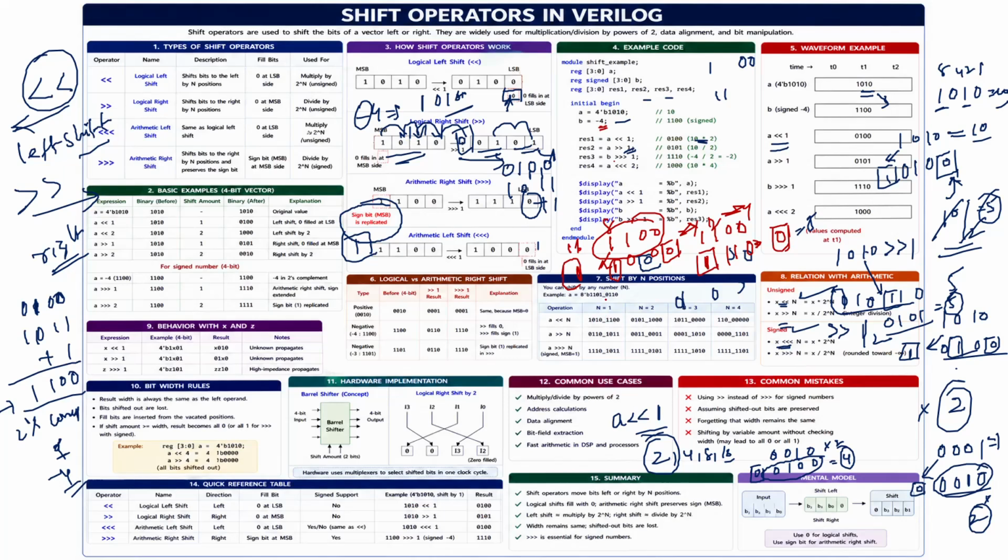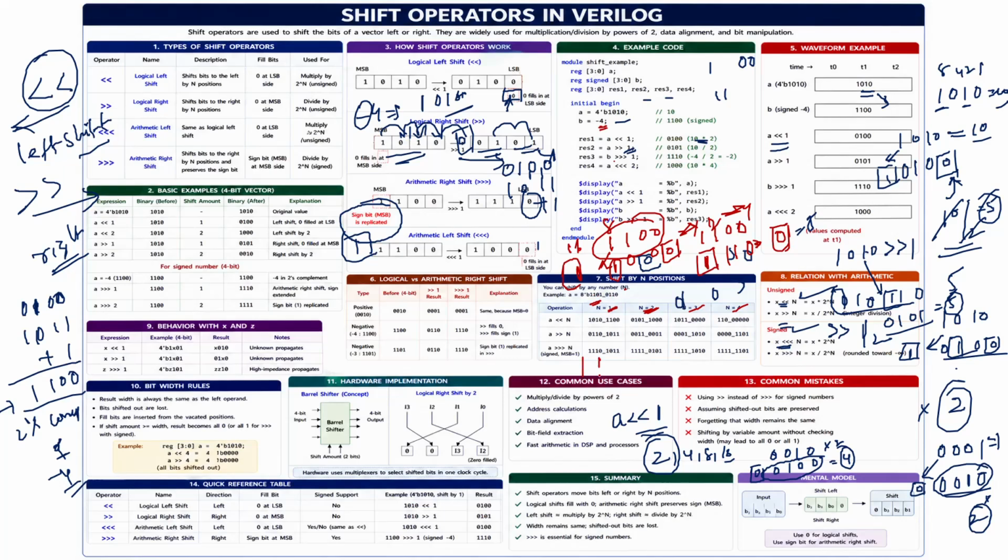Okay, so here I am considering a number, 1101. You are doing one right shift operation, or one left shift operation, two left shift operations, three left shift operations, four left shift operations. Based on that, see, 1101 you are doing that.